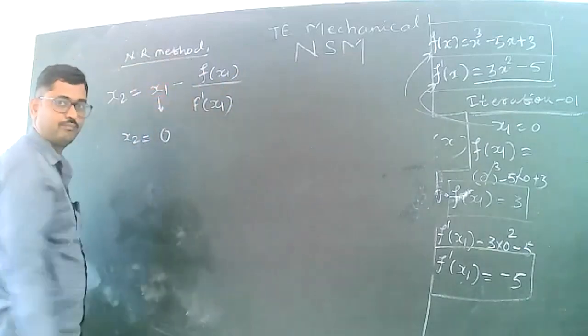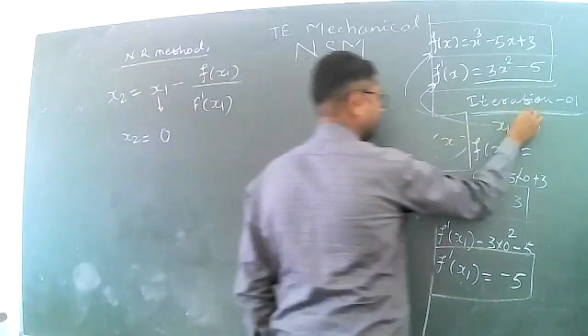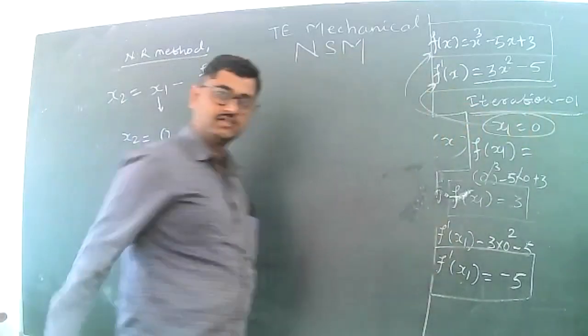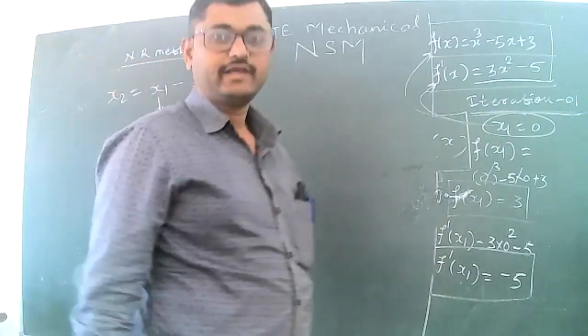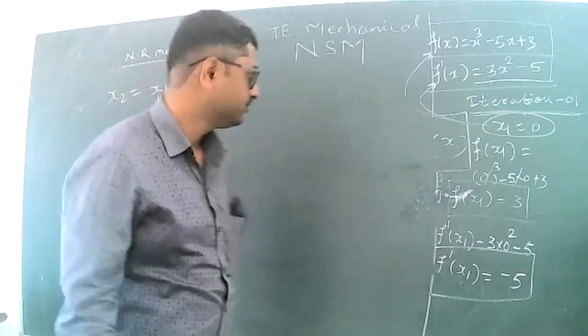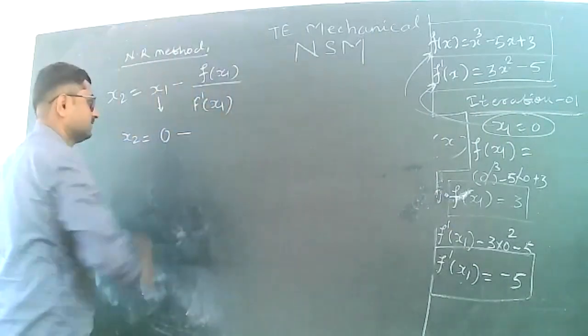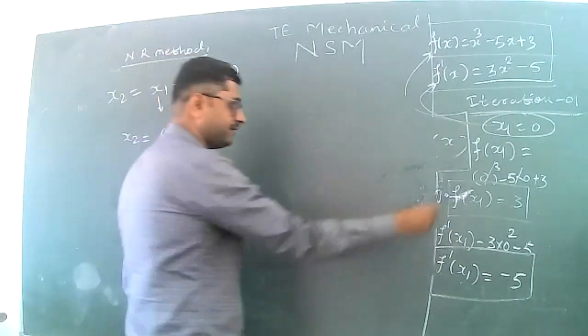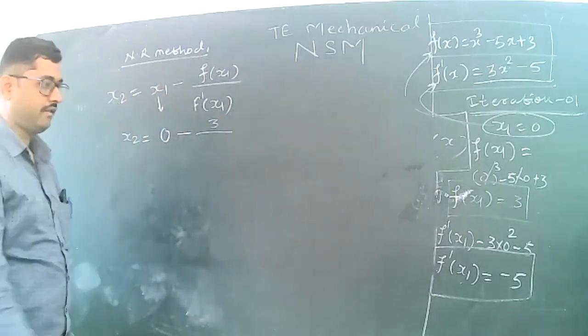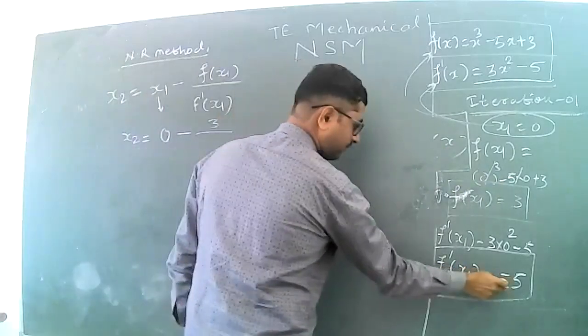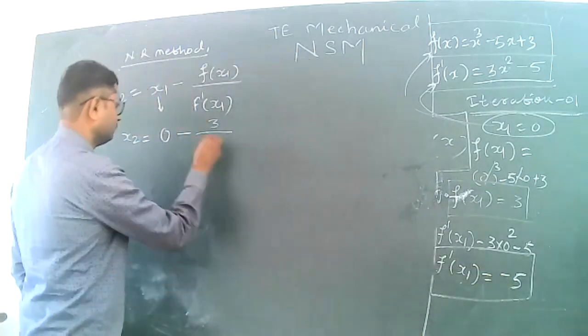Here x1 is 0, because in the numerical the initial guess is given as x1 equal to 0. So x2 is equal to 0 minus f of x1, which is 3, divided by f dash of x1, which is minus 5.